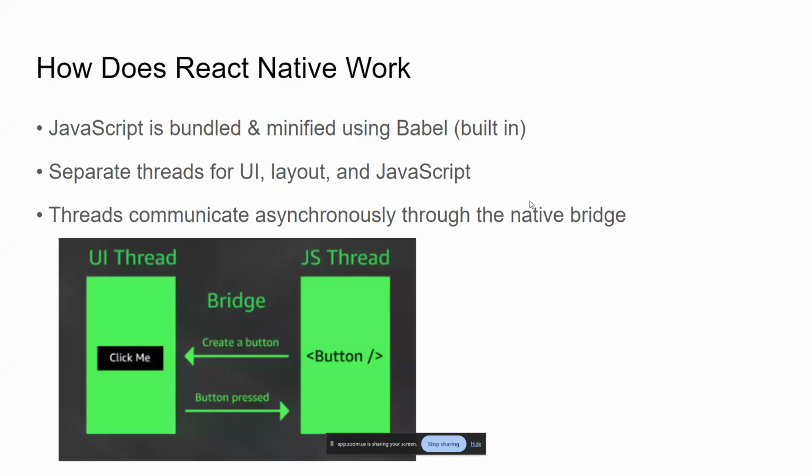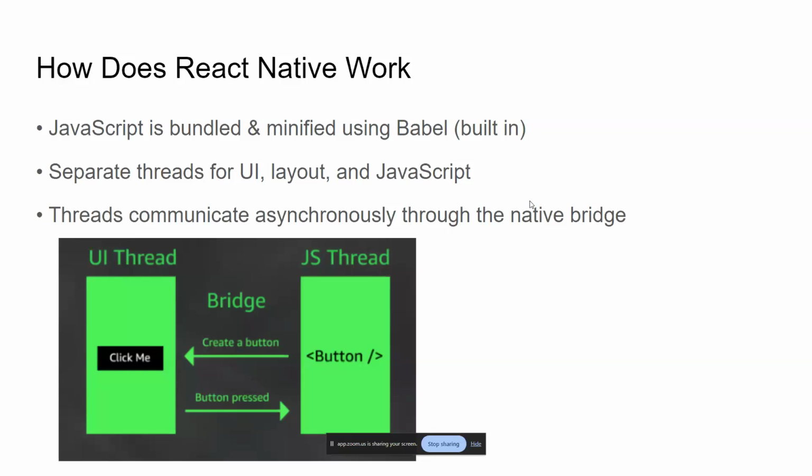So we have mainly three threads in React Native: the UI thread, the layer, and the JavaScript thread. The UI thread mainly functions on the screen which you are able to see in the mobile application, and the JavaScript thread runs in the background, where it interacts with the UI thread as a component and performs the actions.